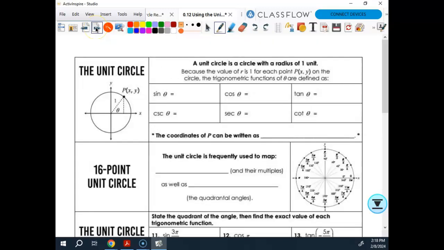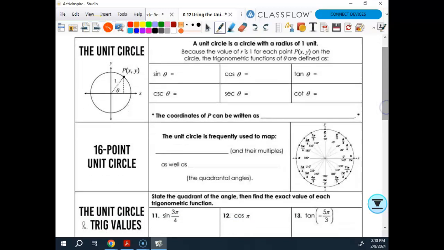Flip it over. So we're repeating some of this again, okay? We wrote this on the other piece of paper a minute ago. This is talking specifically about a unit circle, so I have a radius of 1. So if sine is y over r and r is 1, then sine is just plain old y, which means cosine is plain old x.